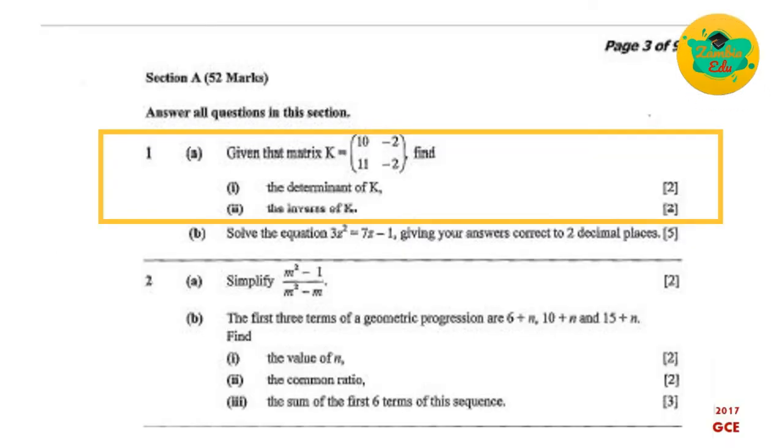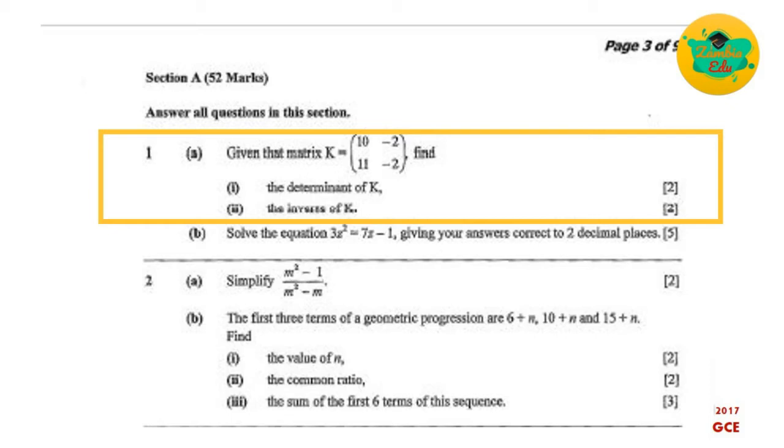So the question reads, given that matrix K is equal to 10, negative 2, 11, negative 2. Question 1, find the determinant of K. Find the determinant of K.